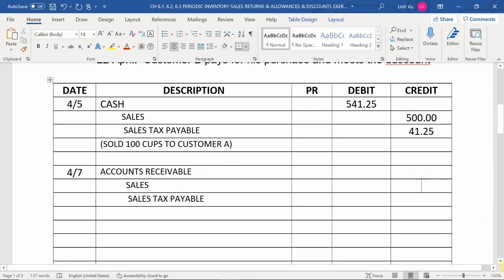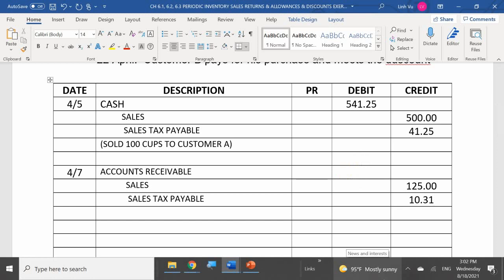And how much tax am I going to be charging customer B? $10.31. So in grand total, how much does customer B owe me? $135.31. Good. So in this case, I'm going to make a note here that I sold 25 cups to customer B.